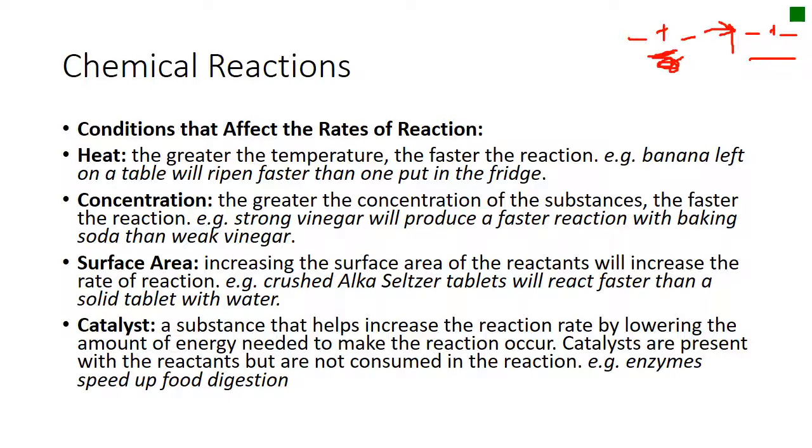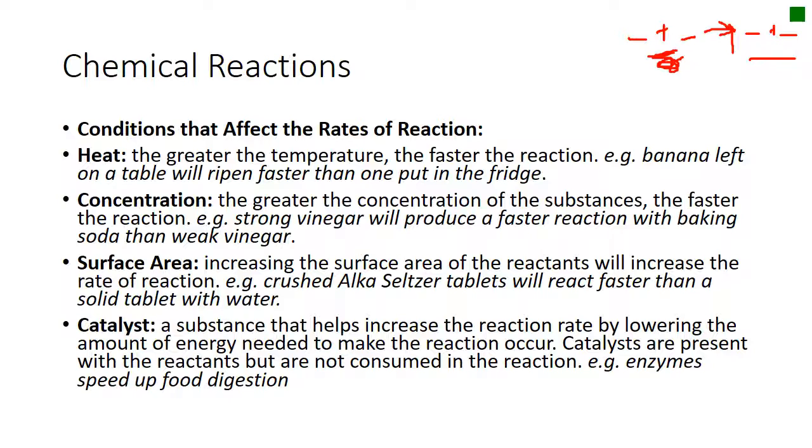Exothermic we talked about. You're going to learn a little bit more about the types of chemical reactions in grade 10: formation, composition, decomposition reactions, single replacement, double replacement reactions. You'll learn all about that in grade 10, so I won't talk about them here. But what I will talk about is the conditions that affect the rates of reaction.